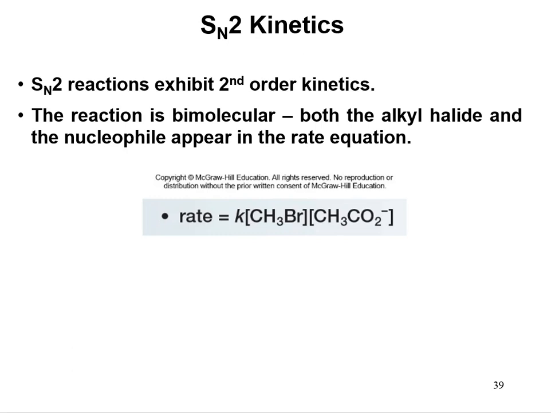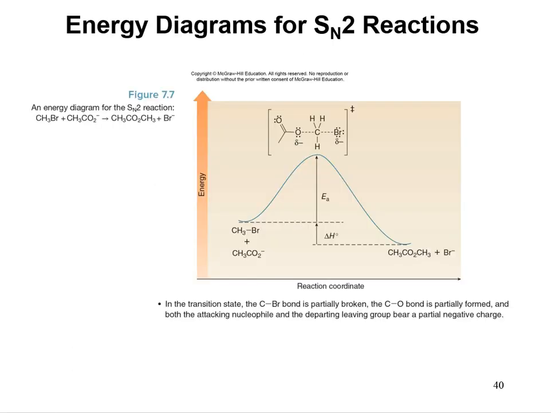The rate equation for the example reaction from the last slide would be rate equals rate constant k times the concentration of CH3Br times the concentration of CH3CO2 minus.